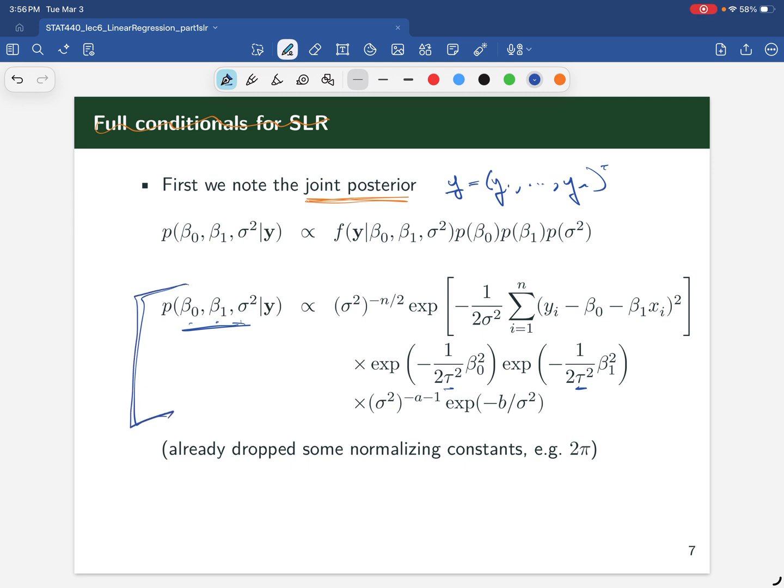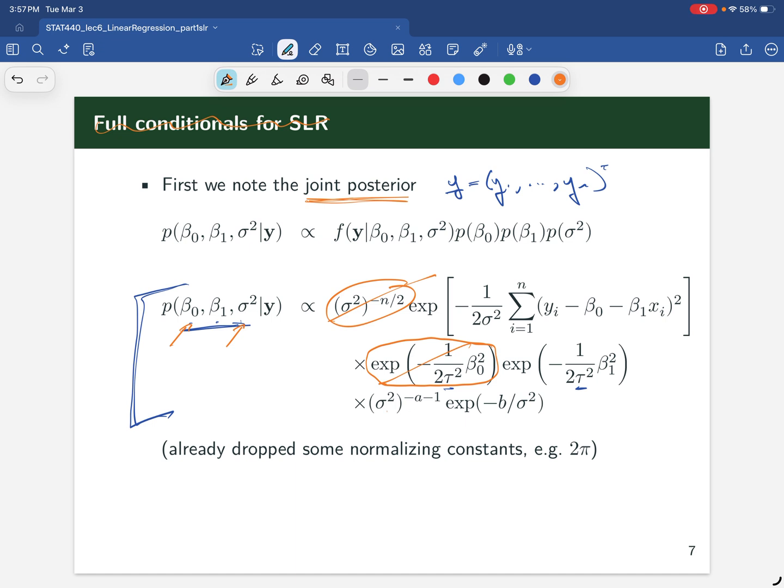Now, if beta naught were given and sigma squared were given, then those are numbers. Or you can think of it in the context of the Gibbs sampler. If I'm drawing a value for beta 1, I have current values for beta naught and for sigma squared. And so we can look at the beta naughts and the sigma squareds as being just numbers. So this is just a number and I can ignore it. This is just a number and I can ignore it.